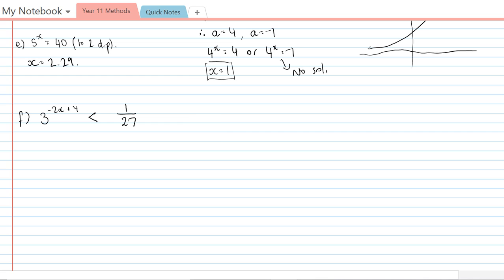And so I'm going to go 3 to the power of negative 2x plus 4 less than 1 divided by 3 cubed, which, using the index law for the negative powers, we know that's just 3 to the power of negative 3.